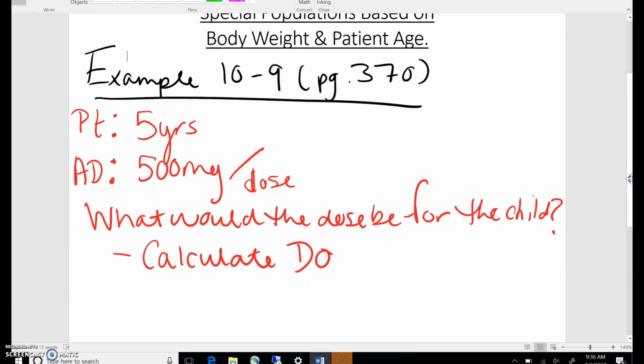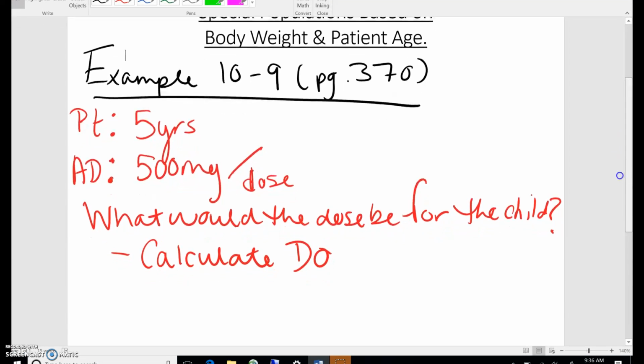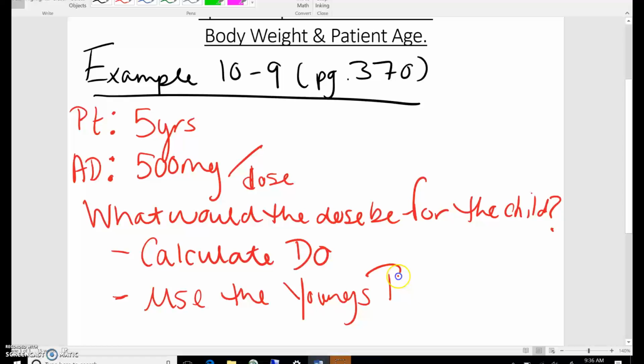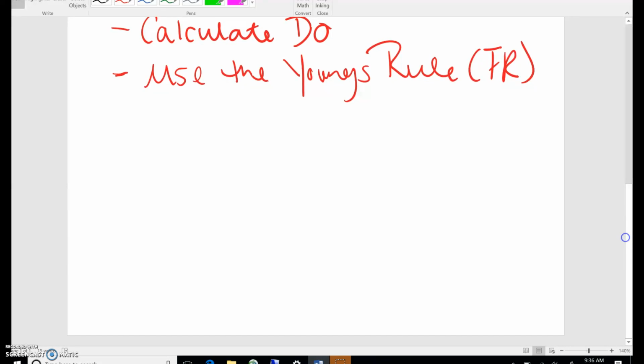And because they give you the patient's age in years, you're going to use Young's rule, which I abbreviate as YR. And just think of Young's for years, where you're going to take the patient's age in years.